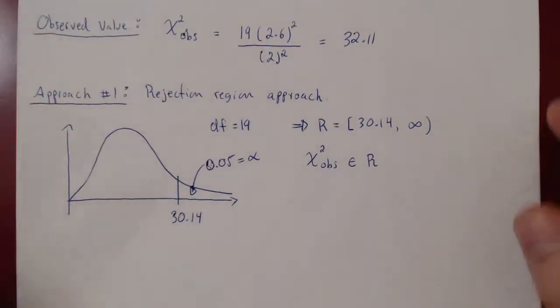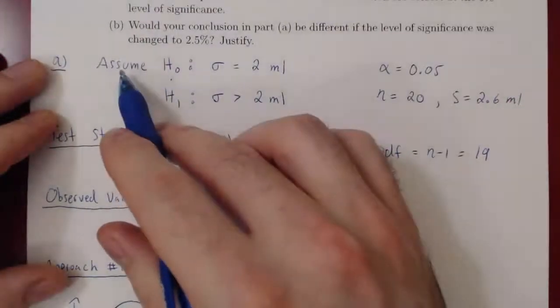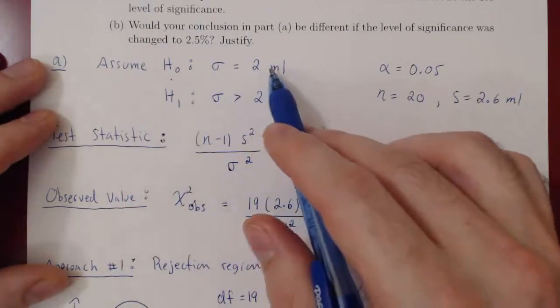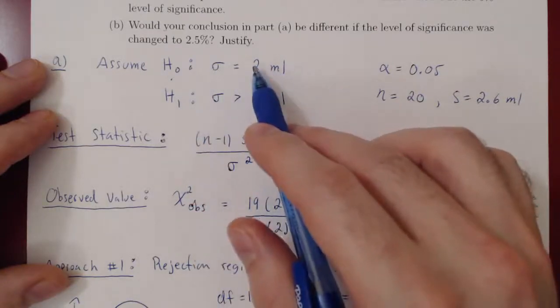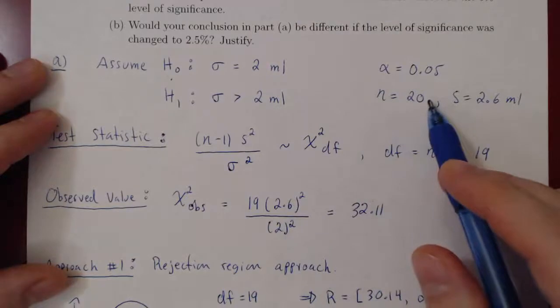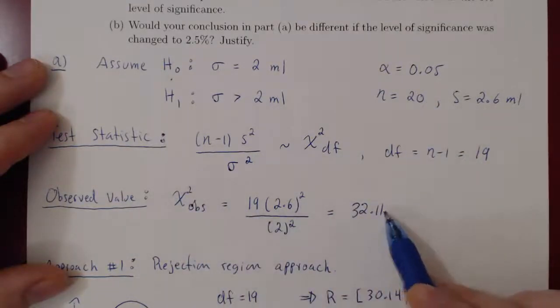So let's ask what that means. We assume that H0 is true, so the bottle filler is still calibrated and sigma is 2. We took a sample of 20 bottles and obtained a chi-square value of 32.11.